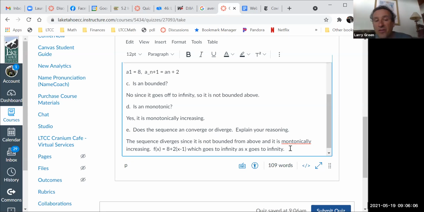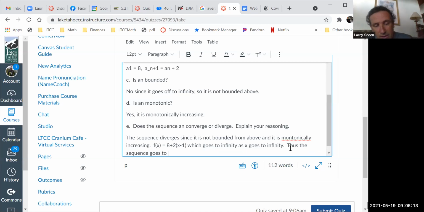That means the sequence goes to infinity. And I like to call it the limit test. The book doesn't, but it's an easier test to say, and I think it's easier to remember. So let's call it the limit test. I think the book calls it the divergence test, but I like limit test better. So you'll see both in different places.